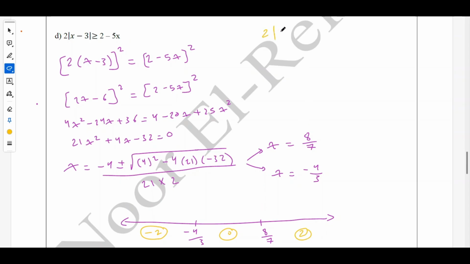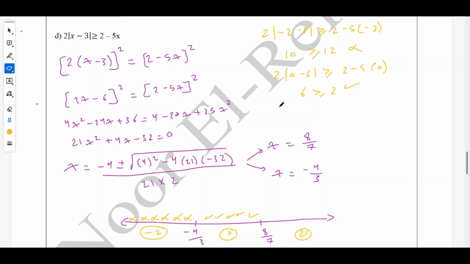Modulus of 2 by negative 2 minus 3 more than or equal to modulus of 2 minus 5 by negative 2. This will be 10 more than or equal to 12. Incorrect. Second value 0: modulus of 2 by 0 minus 3, this is 3, more than or equal to modulus of 2 minus 5 by 0, this is 2. This is correct.